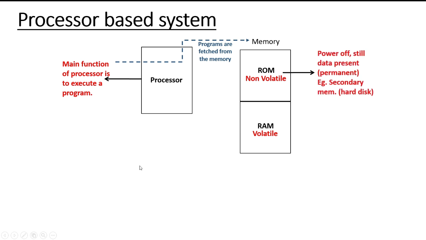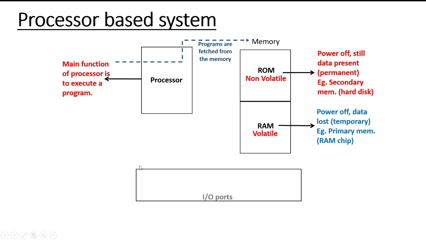It means that even if power goes off, the program stored in the ROM doesn't get erased. It is permanently stored, whereas RAM is the volatile memory. The data gets erased once there is a power off. So those two memories are used in any processor system.